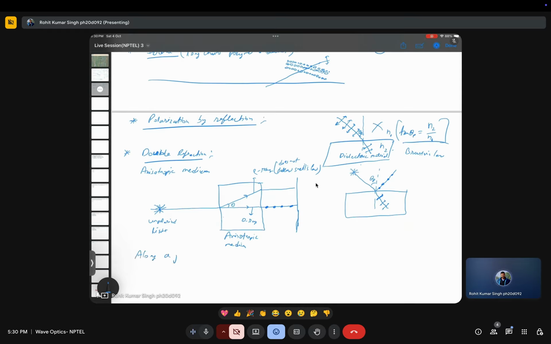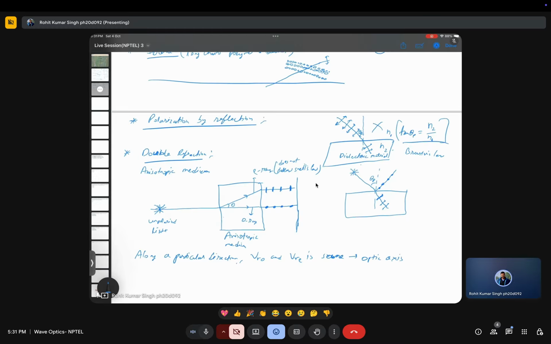Along a particular direction, the velocities of this E ray and O ray, given by V_O and V_E, will be the same, and this axis is called the optic axis. So of these two rays, the O ray will be polarized in the direction of the optic axis, and the E ray will be polarized in the direction perpendicular to the optic axis.